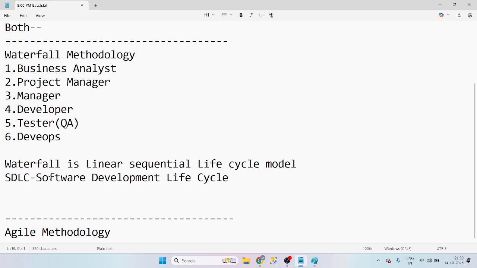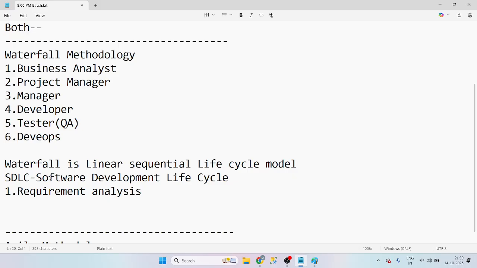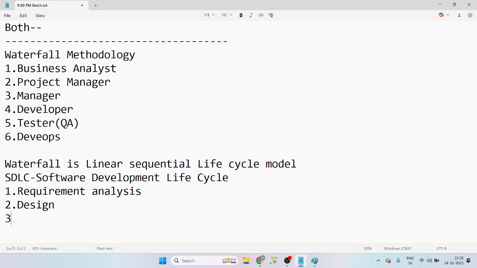In the development life cycle, the first one is called requirement analysis. Okay. The second one is design. The third one is development.